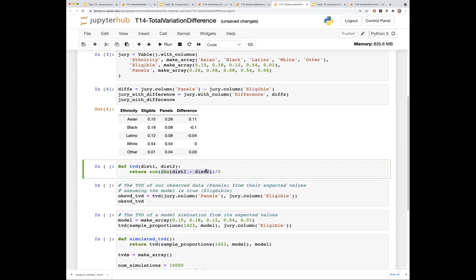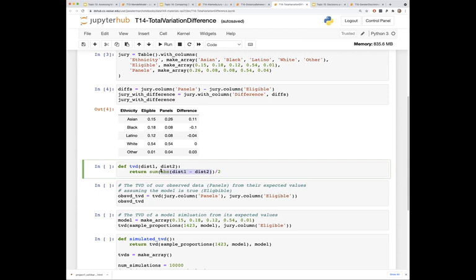because we're going to get back from this calculation a new column, a new array, which is going to be the distance of each individual column. And now, since we've taken the absolute value, each entry is going to be positive.